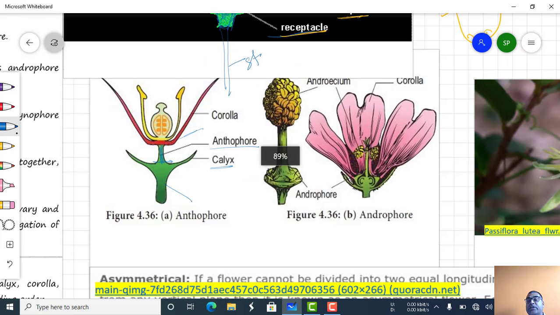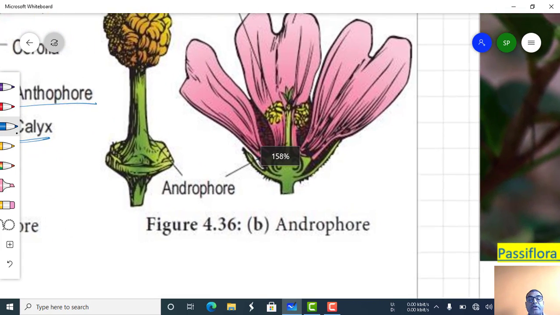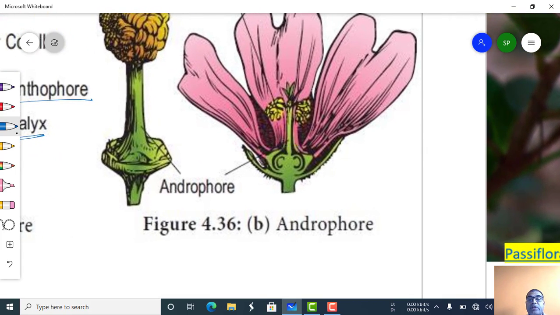The second one is an androphore. What is androphore? See here, this one is the whorl of a calyx. This is the whorl of a corolla. Actually the whorl of androecium starts here, and this one is the whorl of a gynoecium.